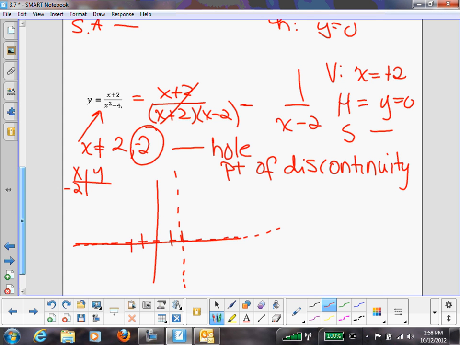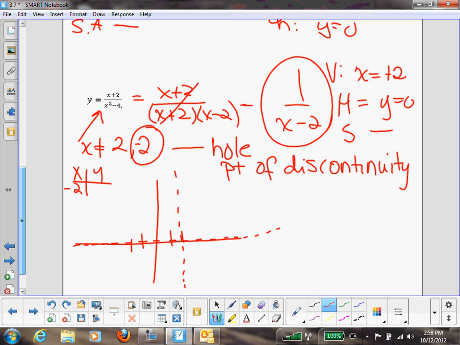That's our test point for that region. At -2, I'm going to plug it in to this function right here. At -2, what is my y? -1/4. So at -2, I plugged it in right here, because I need to know that y value that's associated with this funny thing that's going on with x.